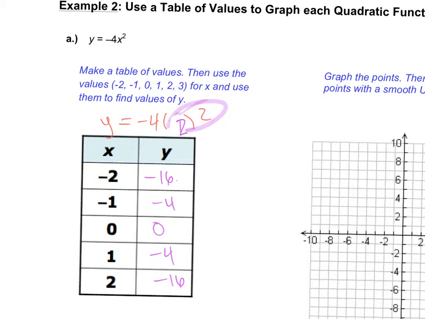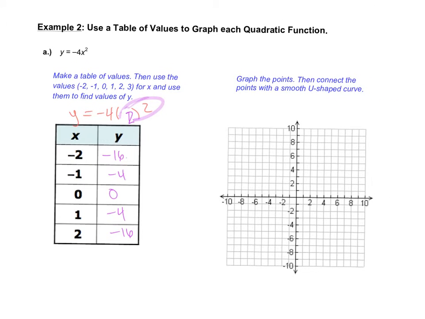So when I graph this, you could probably make the hypothesis that 0 is that middle line, which we call the axis of symmetry. I plot negative 2 comma negative 16, which is like 11, 12, 13, 14, 15, 16. Negative 2 comma negative 16. I plot negative 1 comma negative 4, 0 comma 0, 1 comma negative 4, and 2 comma negative 16.